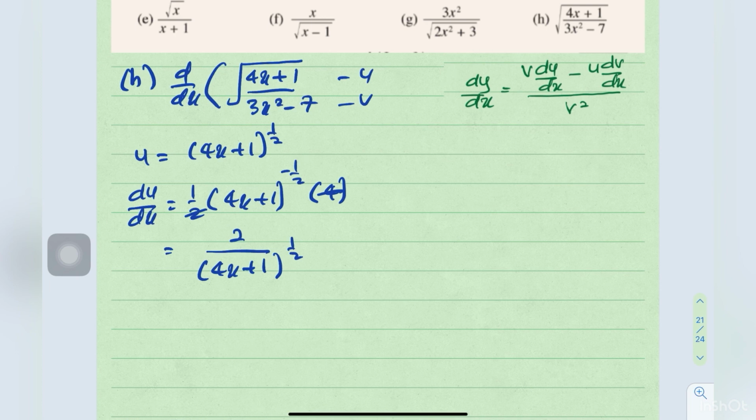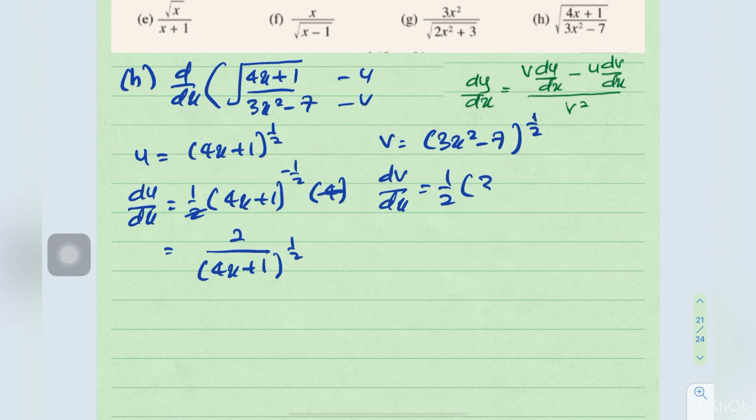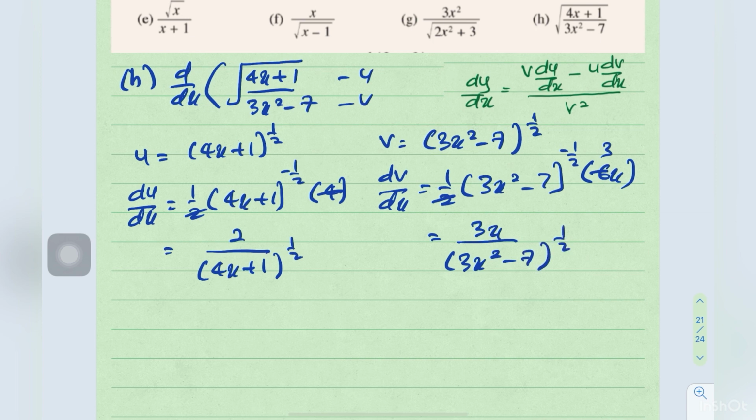Okay, so v is (3x squared minus 7) to the power of 1/2, so dv/dx is 1/2 times (3x squared minus 7) to the power of negative 1/2 times 6x. Okay, so we can simplify. Here we get 3x over (3x squared minus 7) to the power of half.